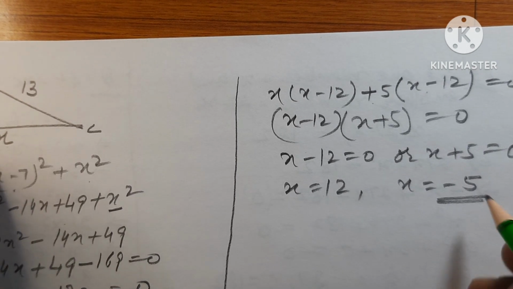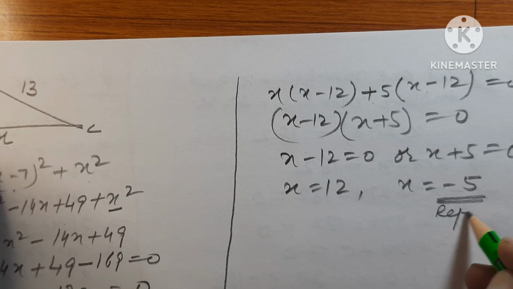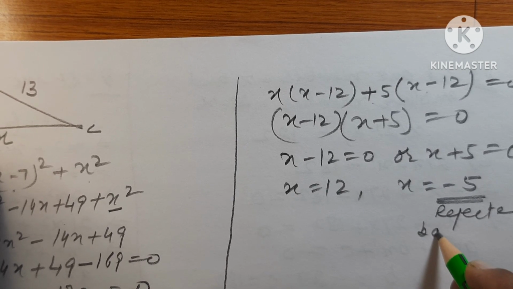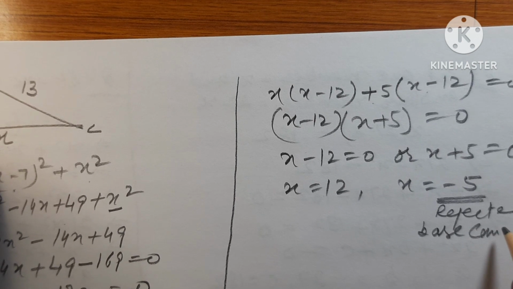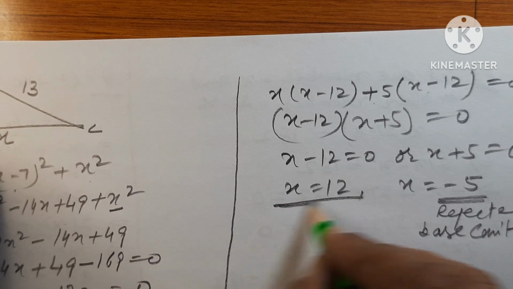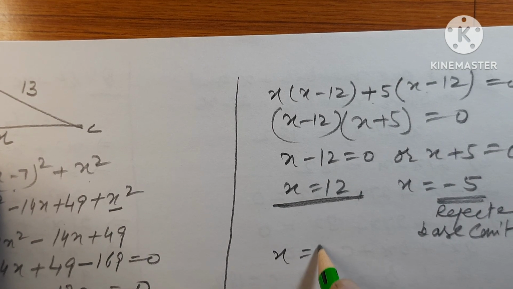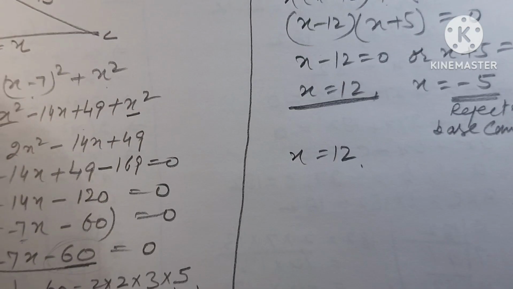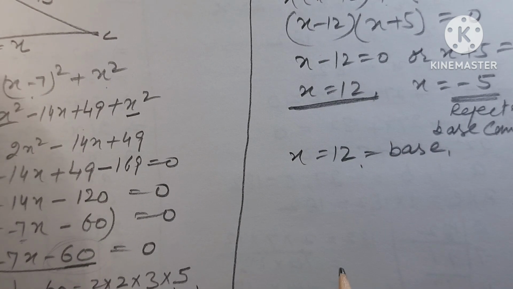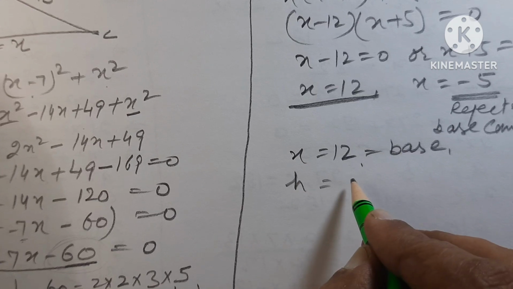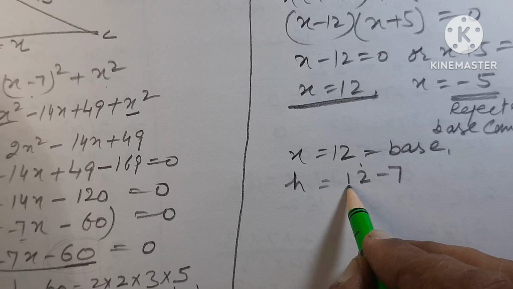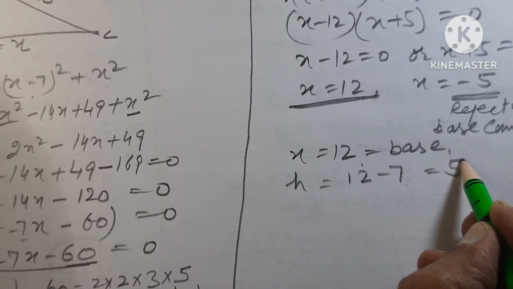This minus will be rejected because base cannot be negative. So that means x is equal to 12, which is the base, and height will be x minus 7, 12 minus 7, which is equal to 5.